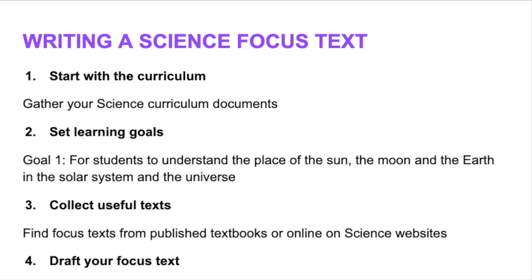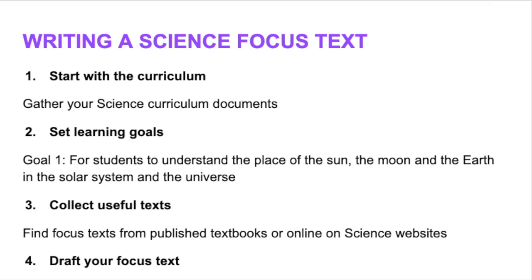Okay, so if we were writing a science-focused text, we're following 8 basic steps. So you start with the curriculum, so you gather your science and your curriculum documents, you go online, you download them. Secondly, you set your learning goals. So goal 1, for example, might be for students to understand the place of the sun, the moon and the earth in the solar system and the universe.